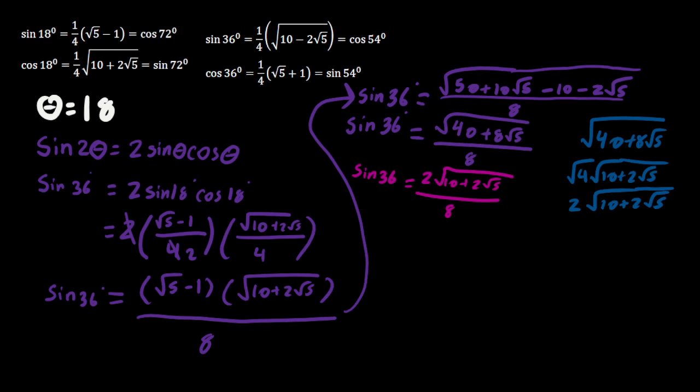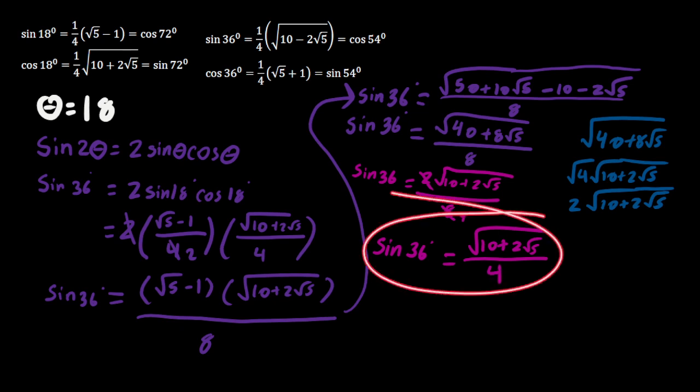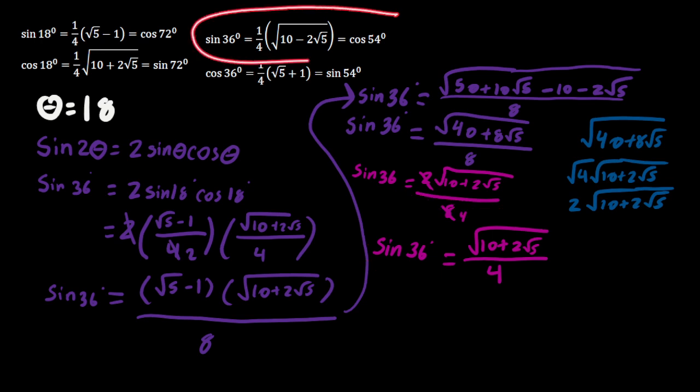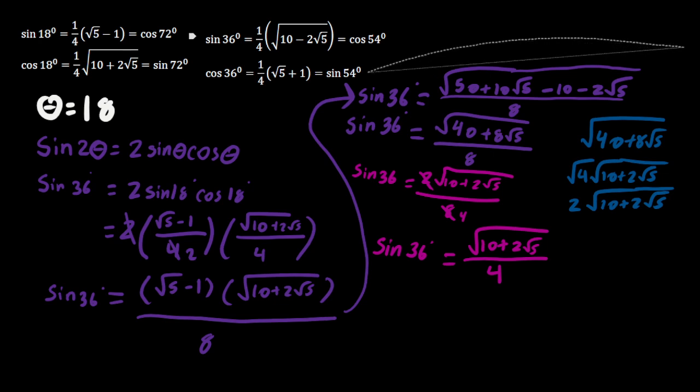And thus, and you can't cross these out, sine 36 is equal to root 10 plus 2 root 5 divided by 4. And as you can see, this is the same thing as this. So thus it's proved. And again, it equals cos 54. Alright, so I'll just get rid of all this.